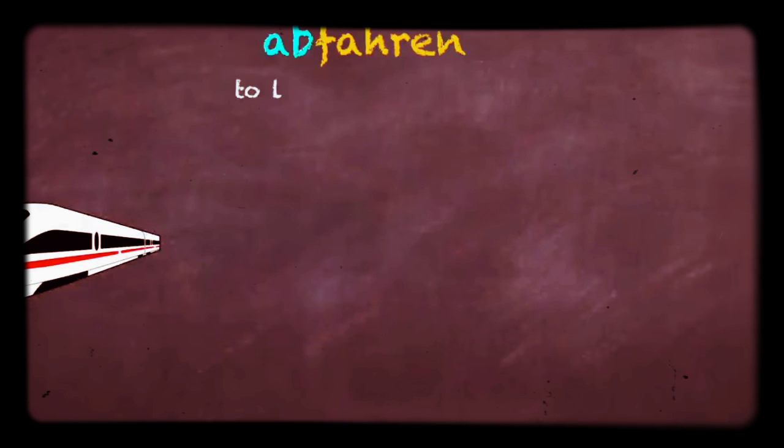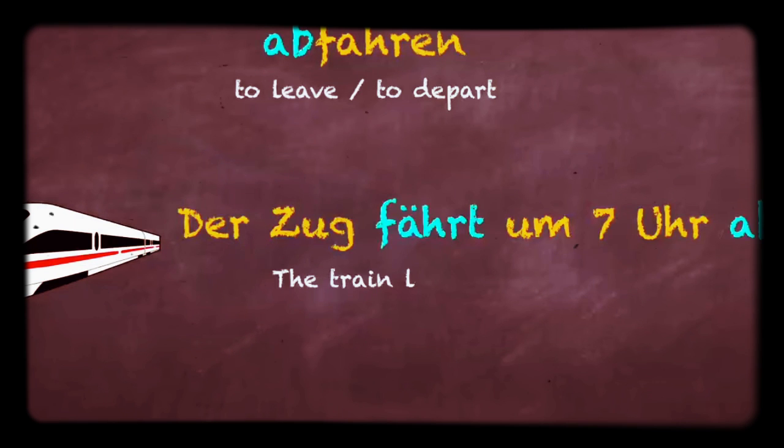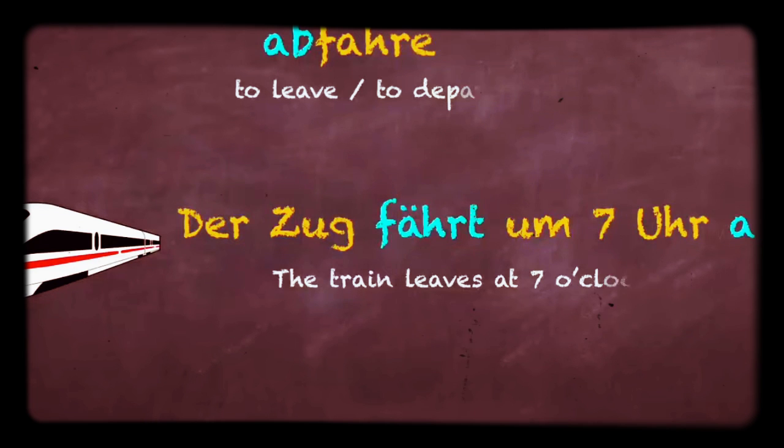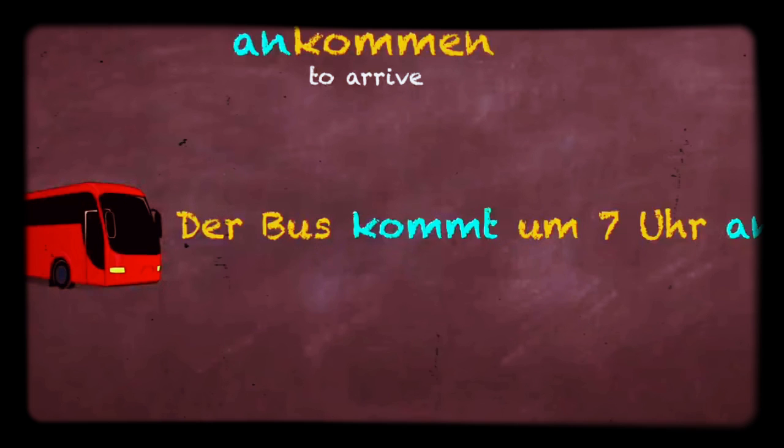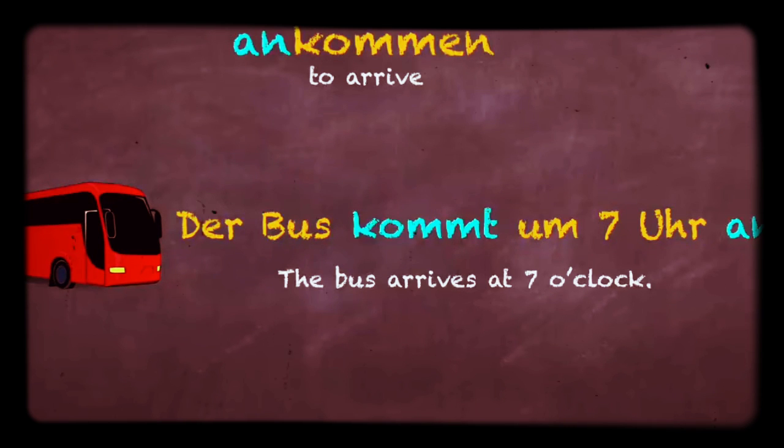The next verb is abfahren, and the prefix here is ab. Der Zug fährt 7 Uhr ab. Moving on to the next verb, ankommen. Here the prefix is an.